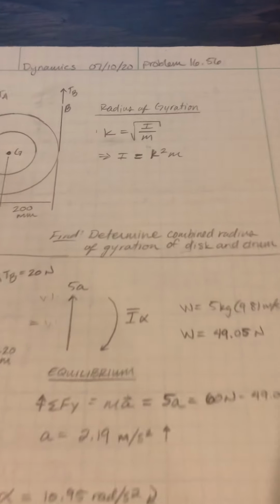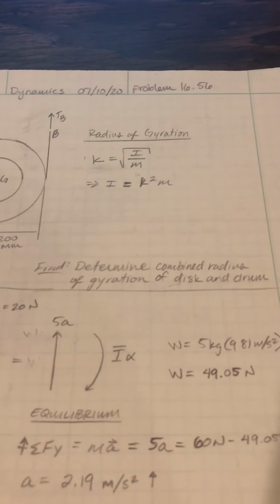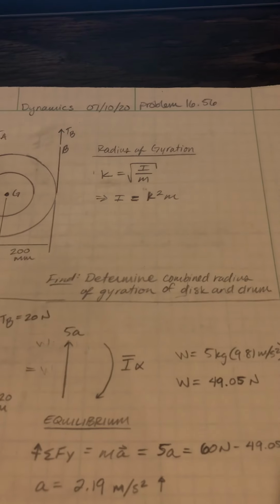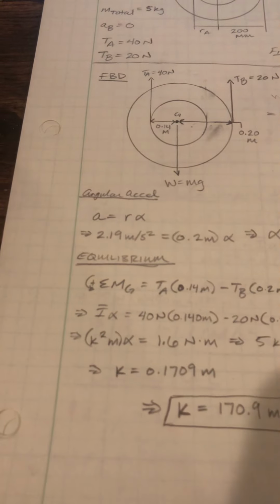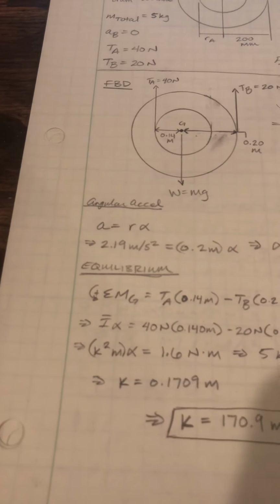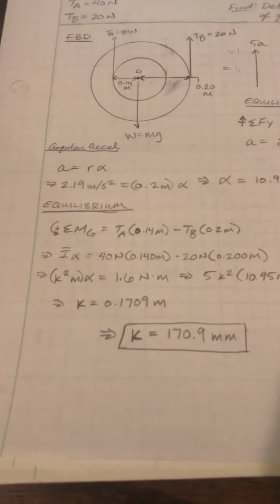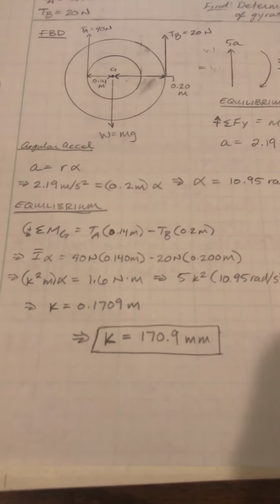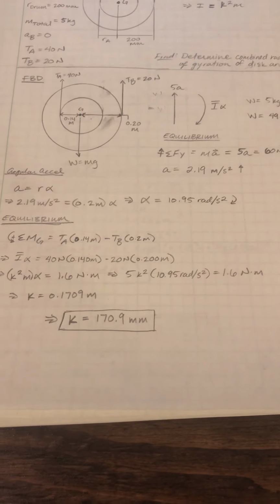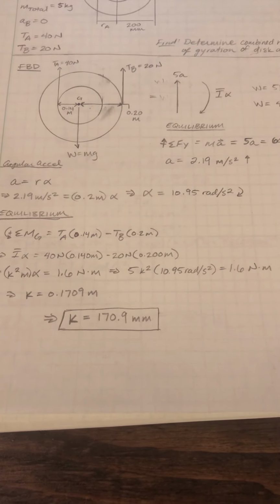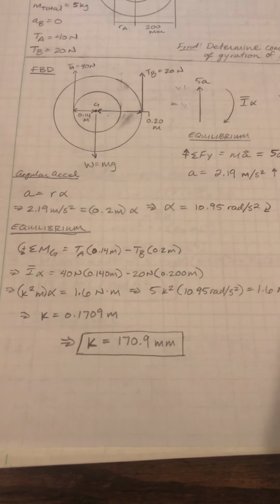You can manipulate that same equation, and we find that moment of inertia is also equal to k squared times the mass. So plugging that in for moment of inertia, k squared times m times alpha is equal to 1.6 newton meters. Then plugging in our values here, we're able to solve for k, and we find that k is equal to 170.9 millimeters.